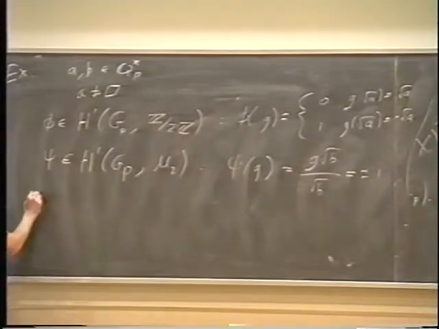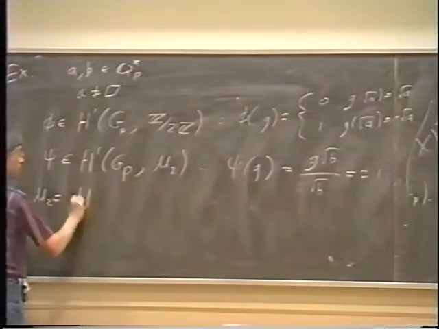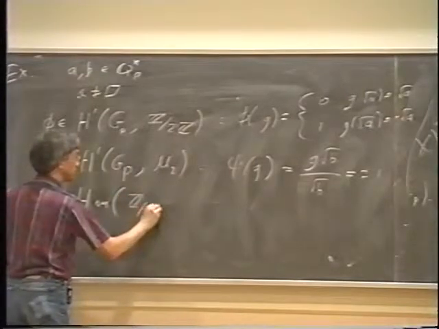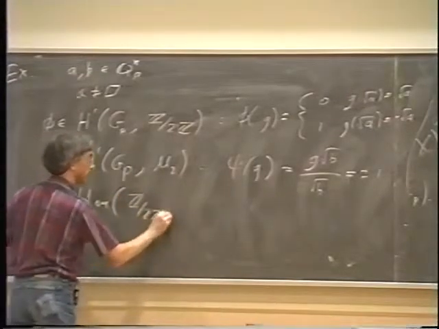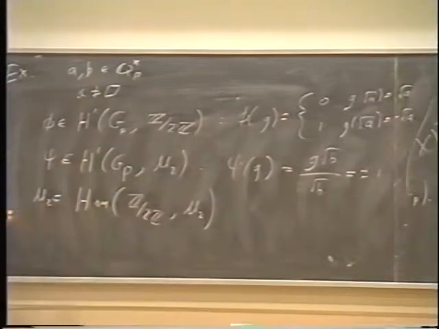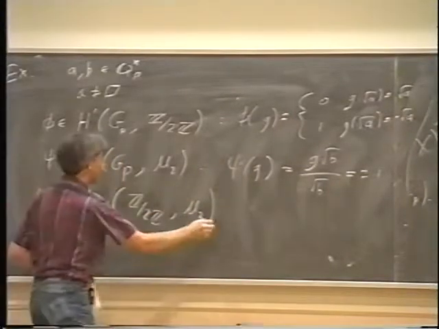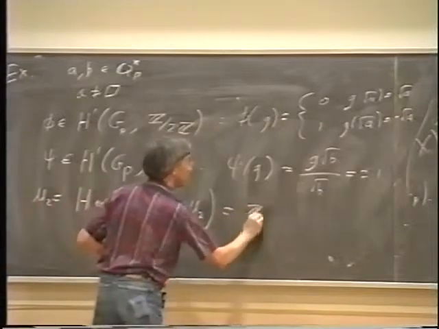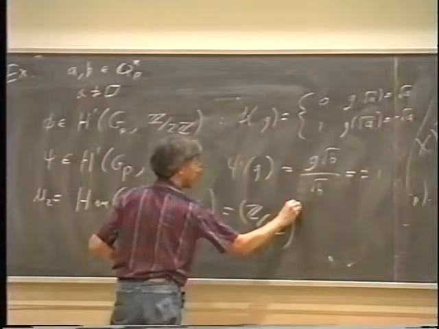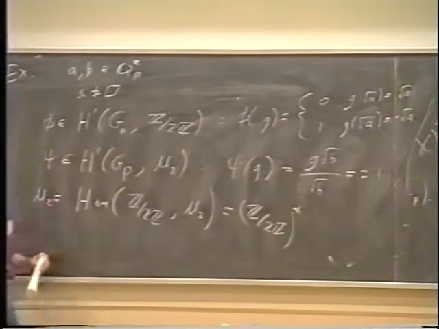Okay. Now, we can regard mu_2 as, well, one way to think of it is homomorphisms from Z mod 2Z into mu_2, where this mu_2 is not the same as this mu_2, like that. So it's really sort of Z mod 2Z, oh boy, stars, I think what I've used in my notes.